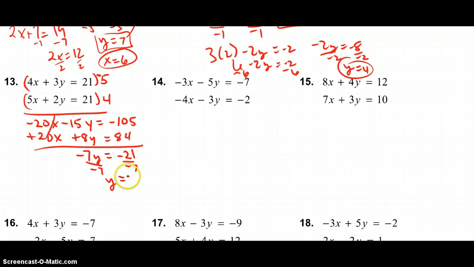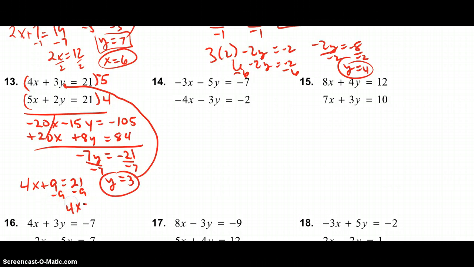And y equals 3. I'll just put it in at the top. 3 times 3 is 9. 4x equals 12, so x equals 3. (3, 3). And that's it.